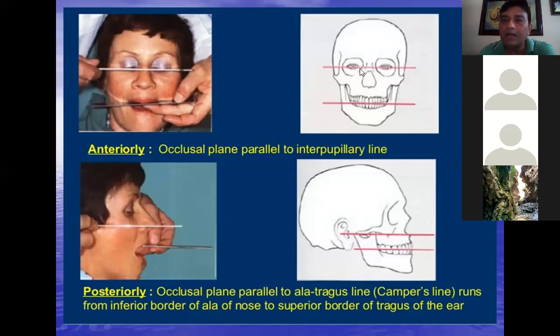From pupil of the eye to the pupil of the eye, you just draw one imaginary line, or you can keep your ruler there, and then you place the upper rim in patient's mouth and place a Fox plane. अभी मैं दिखाता हूँ Fox plane क्या होती है. थोड़ा सा इस तरीके से कर लेते हैं इसको आगे.